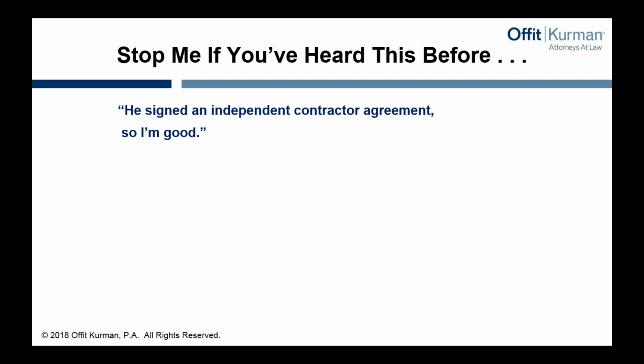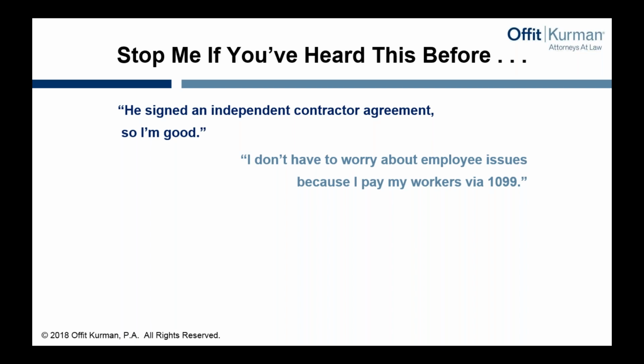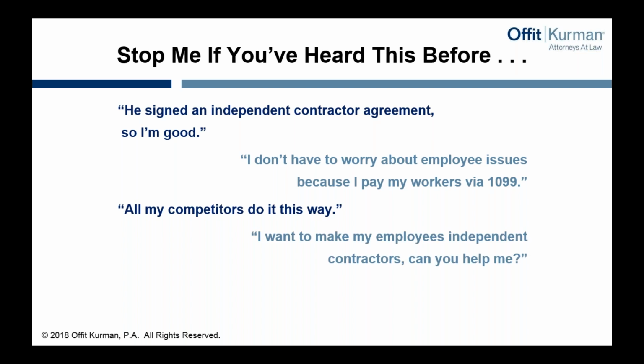You sign an independent contractor agreement. I don't have to worry because I pay my workers by 1099. My competitors do it this way, which frankly I hear a lot of that. And it's like the old adage you say to your kids, just because Jimmy jumped off a bridge, would you do that too? And of course not, but we still hear that a lot.